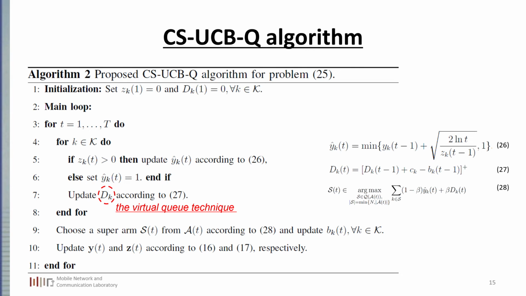This DK tells you the queue length at the beginning of round T. The initial value of D is 0, and if K is selected for round T-1, the queue length decreases by 1 and increases by CK for each round again. This ratio of DK to YKT can be adjusted quickly to super arm S with the weighting factor beta.